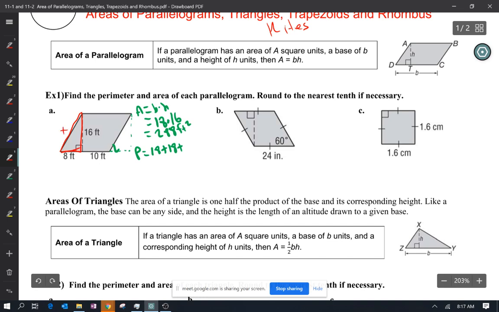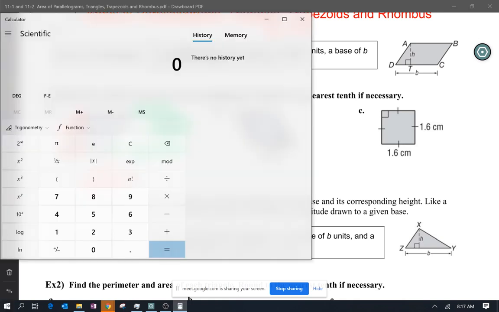We're going to call this x. We can find out what that side is because 8 squared plus 16 squared equals x squared, or the square root of 8 squared plus 16 squared equals x. I don't mind if you use a calculator on this, just show me your work, okay? However you want to do it is fine with me.